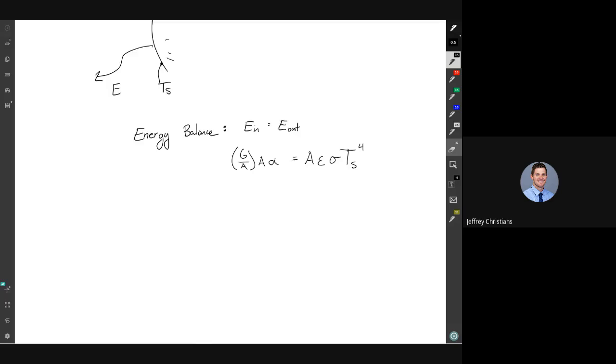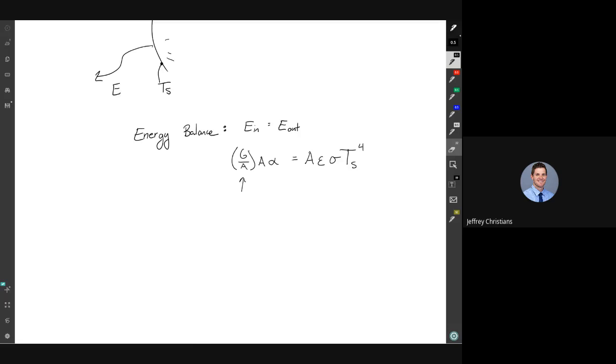Okay, now as long as we know all of our material properties, right? Epsilon and alpha are both material properties. We know G, so we know that. We can figure out alpha, epsilon, sigma is just a constant, and then we would solve this for temperature.